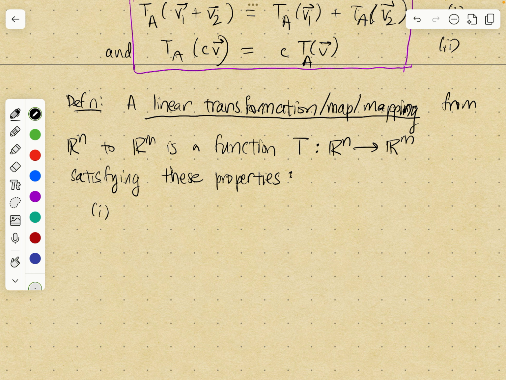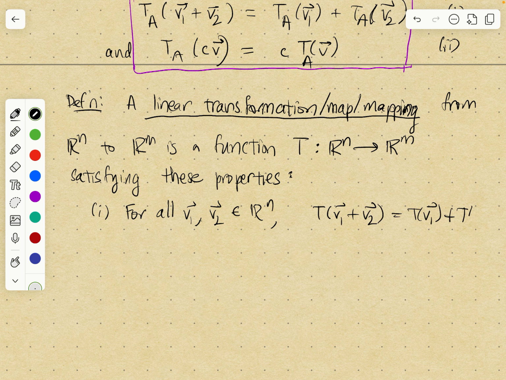So the first property is that for any, so for all V1 and V2, by the way, for any, for all, and for every, they all mean the same thing. Okay. For all V1 and V2 in Rn, T of V1 plus V2 equals T of V1 plus T of V2.